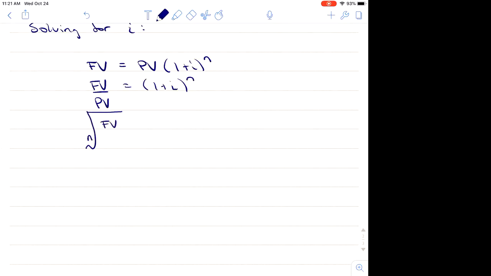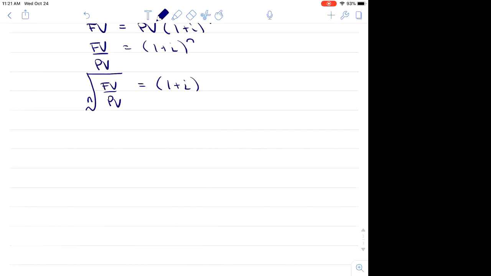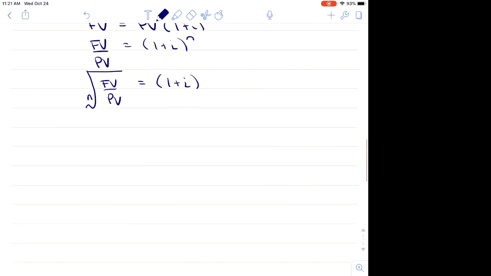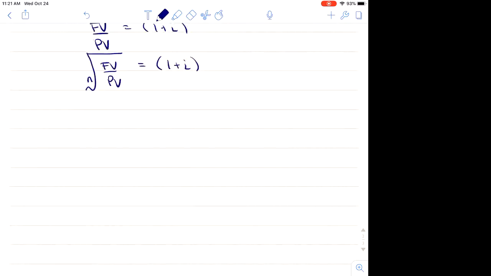Nth root of FV over PV is just 1 plus I. Taking the nth root of something to the power of n, they dissolve. That was the whole goal. So now we have 1 plus I. Solving for I, just subtract 1 from both sides, and I'm done. So I is going to be the nth root of FV over PV, all minus 1.